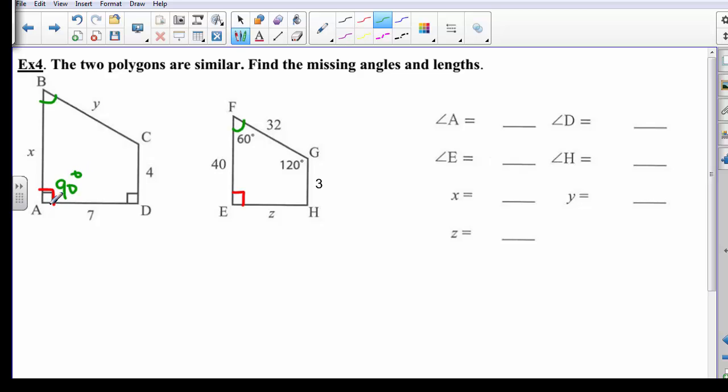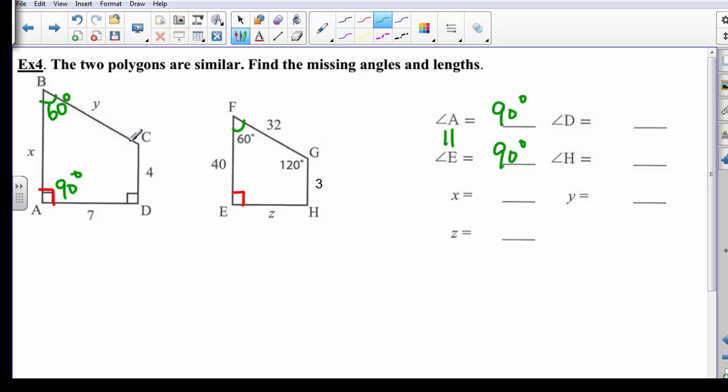This square symbol represents a right angle. So angle E is also 90 degrees. These two are corresponding angles. They are equal. And angle B is equal to angle F because these two are corresponding angles. So angle B is 60 degrees as well.